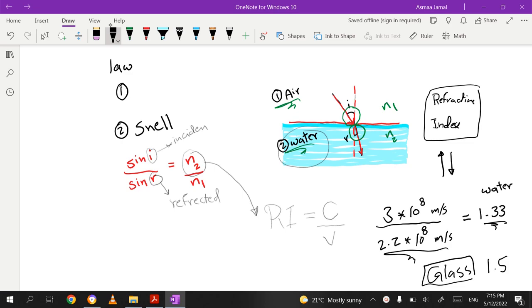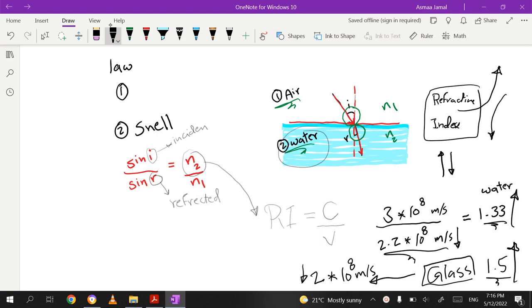But most of them are around 1.5, which means the speed of the light in the glass is about 2 × 10^8 meters per second. If you notice, when the refractive index increases, the speed of light will decrease. So higher refractive index, slower light travels.